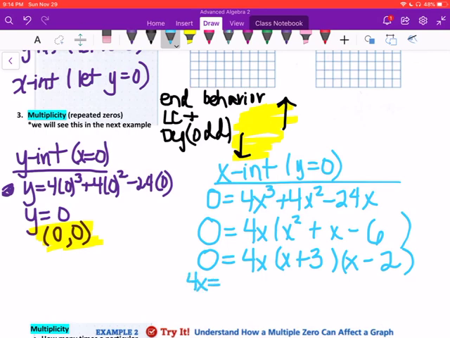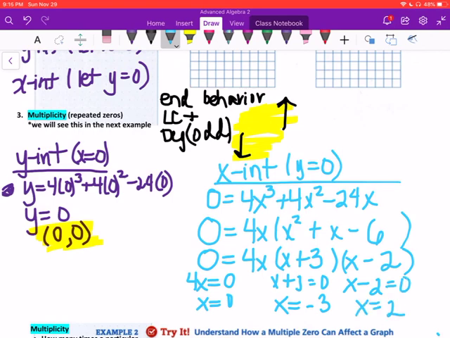If you set 4x equal to 0, then x equals 0. If you set x plus 3 equal to 0, then x equals negative 3. And if you set x minus 2 equal to 0, you'll get x equals 2.